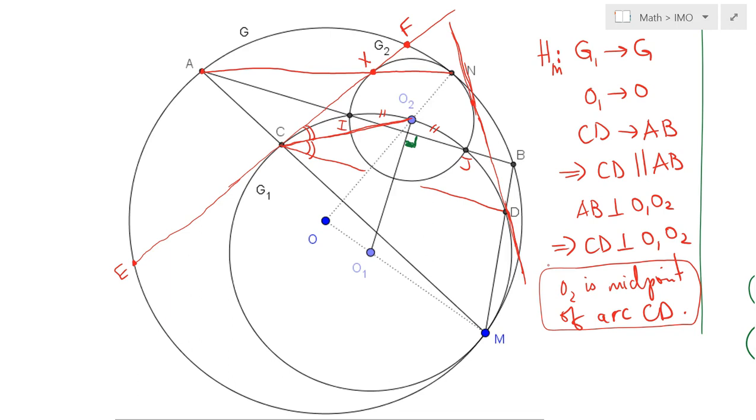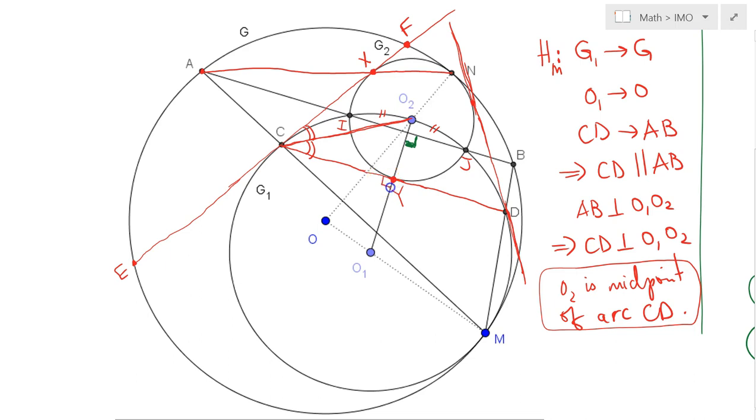But then we have an angle bisector CO2 of angle XCD, and O2 being the center of that circle leaves us no choice but a tangency condition such that the circle is squeezed between the two rays CX and CD, with this tangency point, let's call it Y, the tangency point CY.